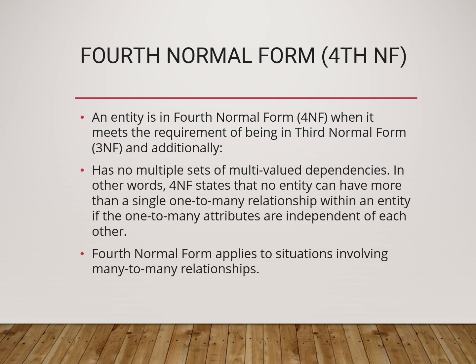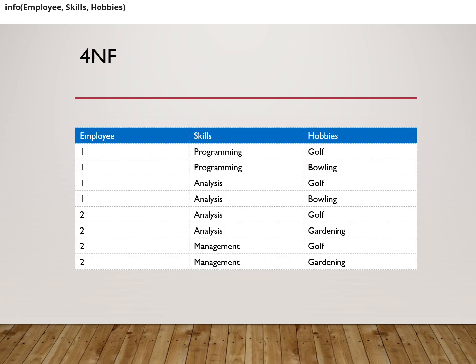Consider an example: employee, skills, hobbies. Many employees have many skills and many hobbies, so multiple values and multi-value dependencies are here. We split this table into two tables: an employee skill table and an employee hobby table.